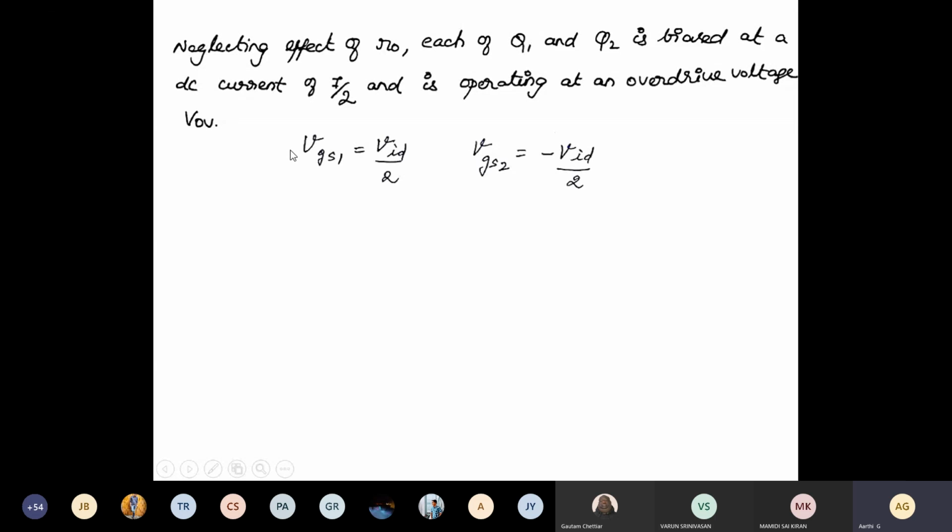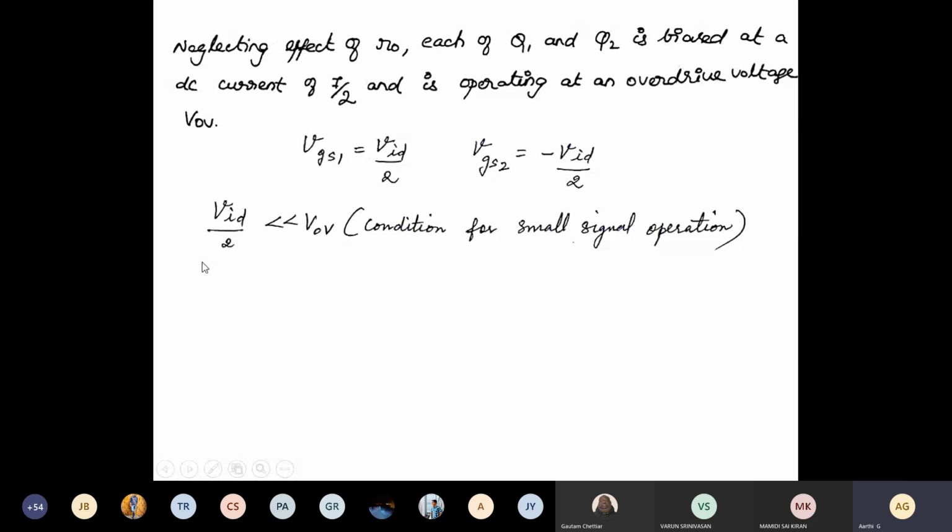We know that VGS1 and VGS2 are the complementary input. And VID by 2 is less than the overdrive voltage, which is the condition for small signal operation. So we have already set VID by 2 to be less than VOV. Now we are calculating the output voltage at the first transistor. You have the circuit, right?